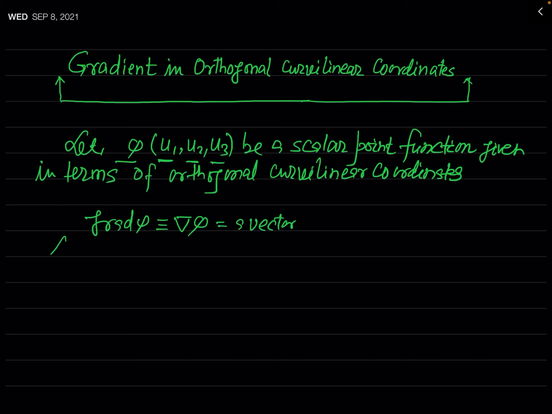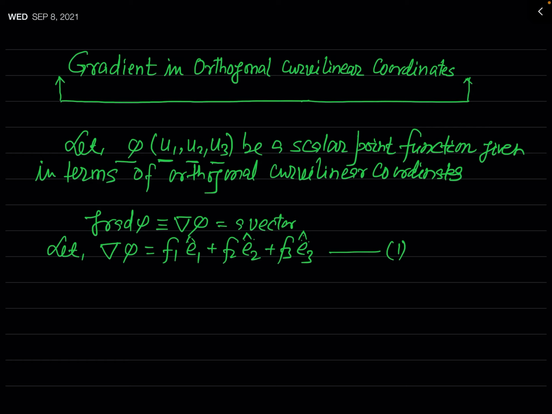So let this vector quantity del phi be equal to f1 e1 hat plus f2 e2 hat plus f3 e3 hat. You have seen that in the orthogonal curvilinear coordinate system, we denote a vector in this manner.